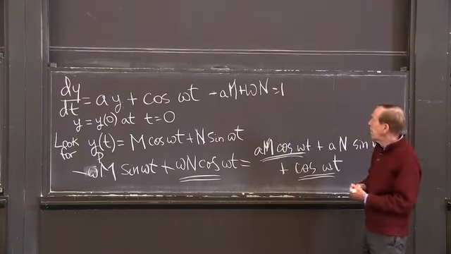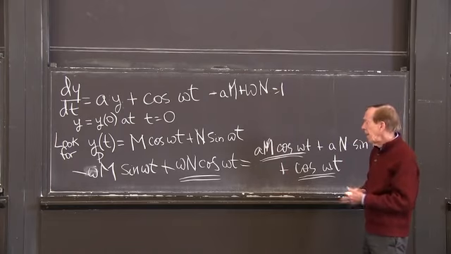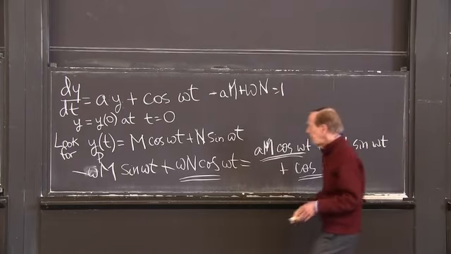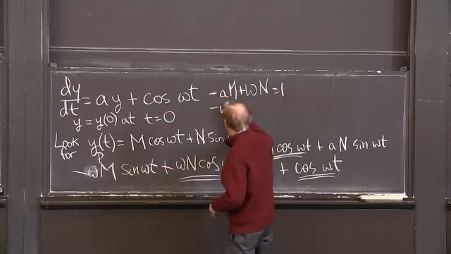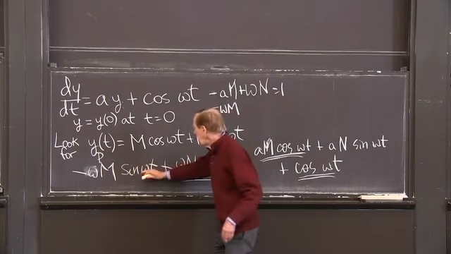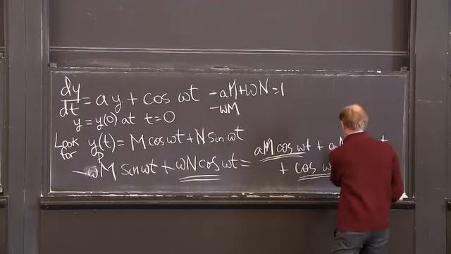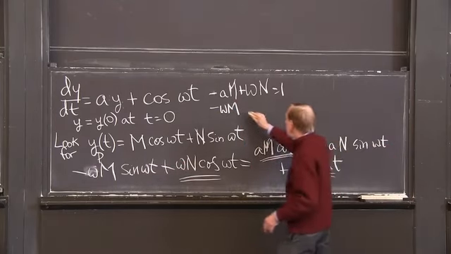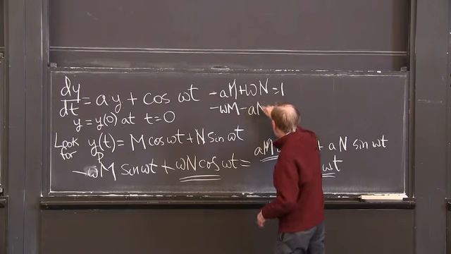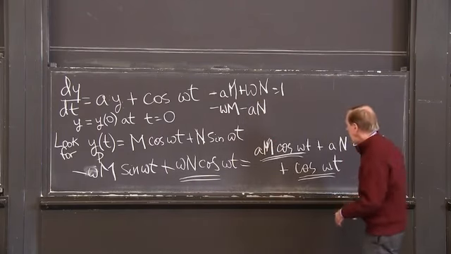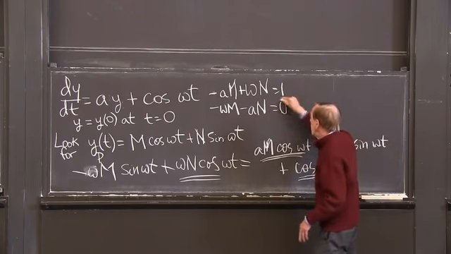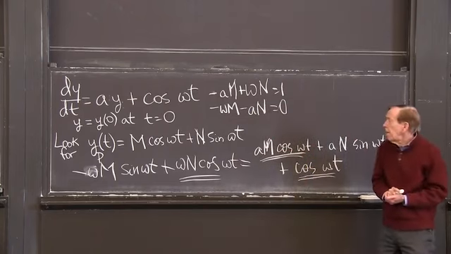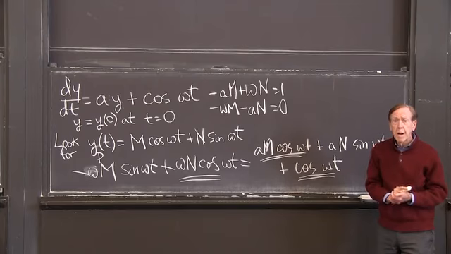Minus a m plus omega n equals 1. And now I'll match the sine terms. In the sine terms, I have a minus omega m sine omega t. And I bring this to the other side, so that'll be a minus a n sine omega t. And there's no sine omega t in the source. There's my 2 equations for m and n.